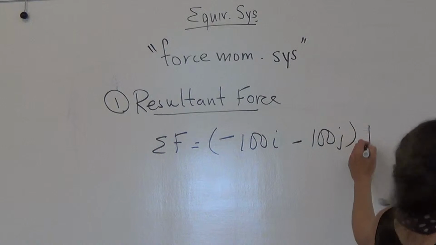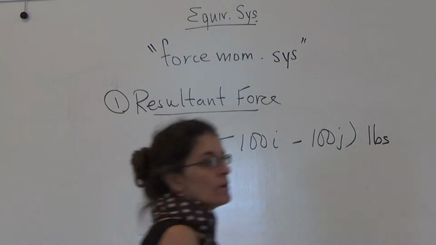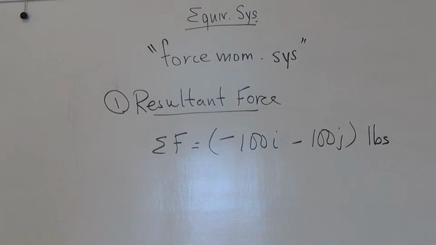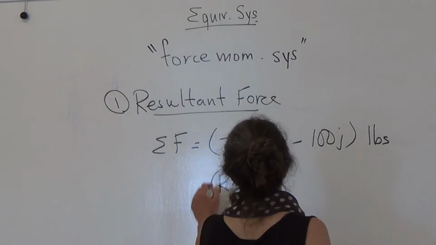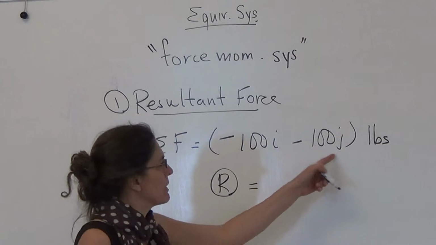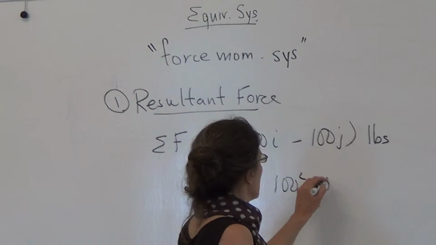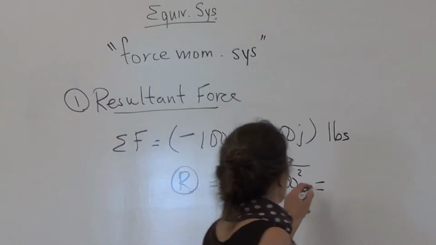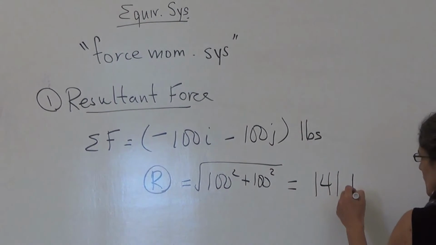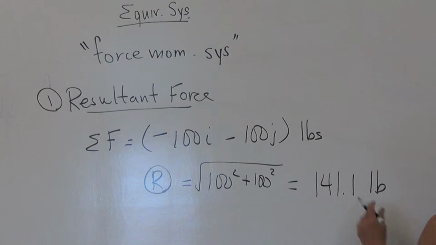Newtons or pounds? Pounds. And if we wanted to find what the resultant really is, how would we find it? We have the i and the j squared, so it's 100 squared plus 100 squared, the radical. I think it's 141.4.